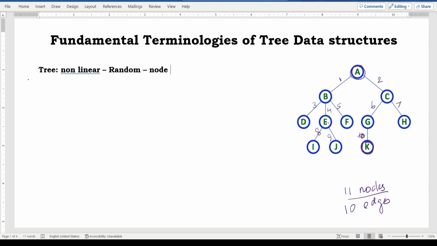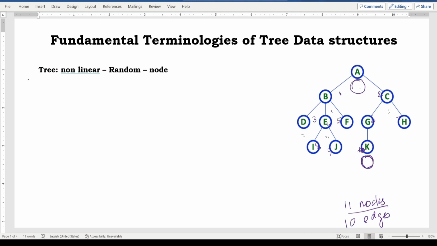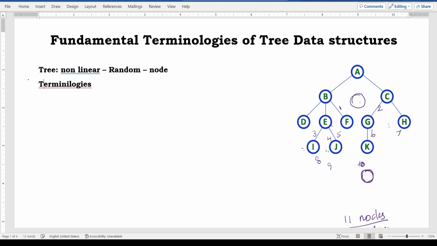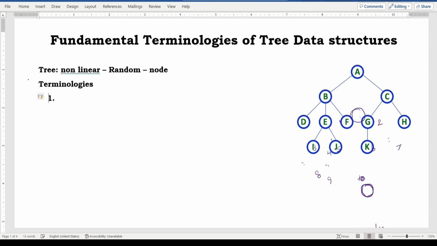Now let us see some important terminologies. So the first terminology is root. So what is the root? Let me erase this one.